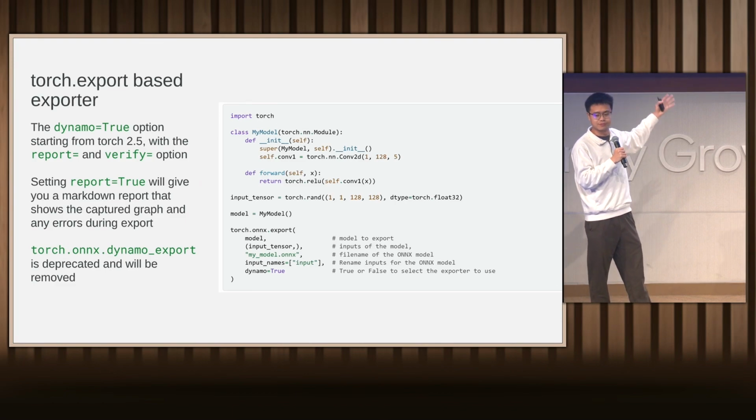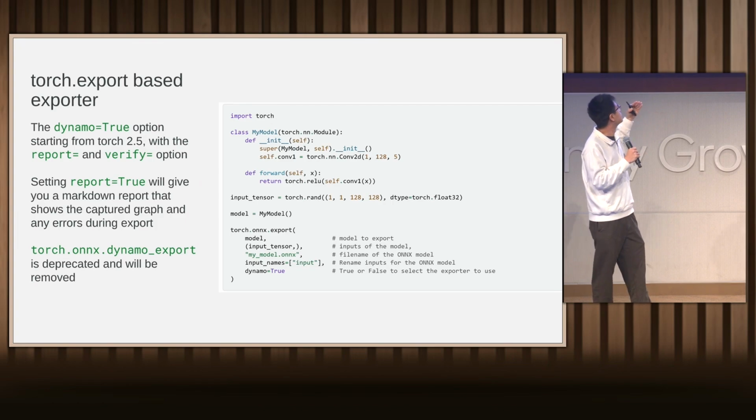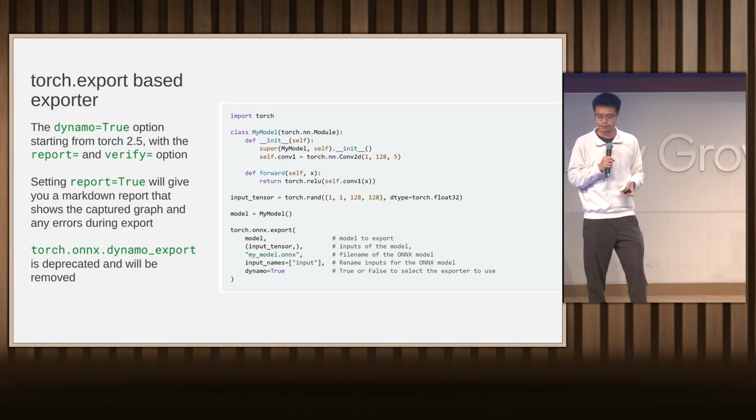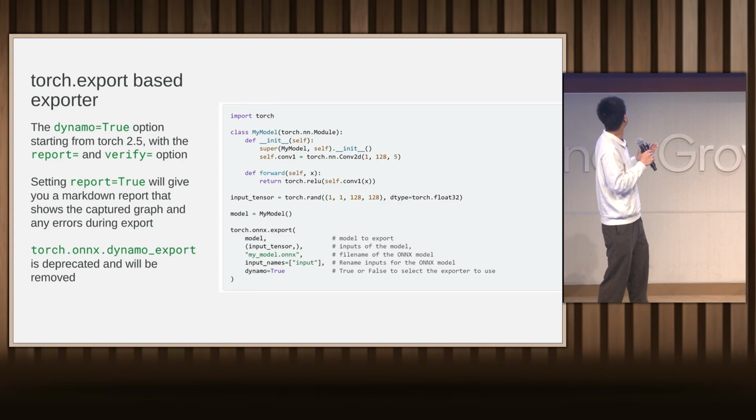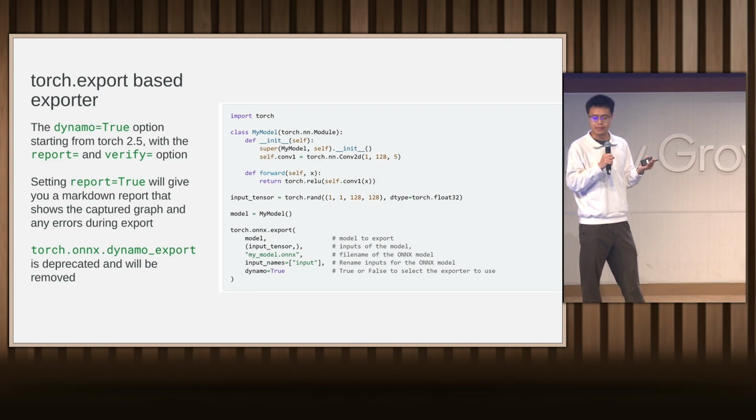How you would use it should feel very familiar compared to how you used it before. Last year, we released the dynamo export API as an experimental API using the dynamo technology in PyTorch for capturing the graph. This particular API has been deprecated and merged into the dynamo=True option.